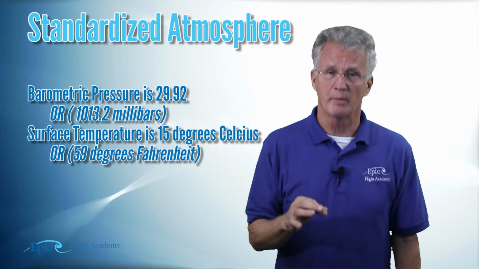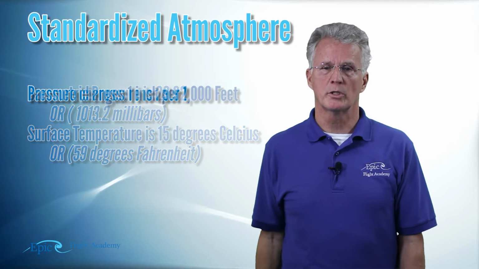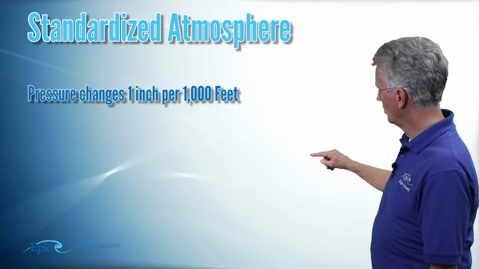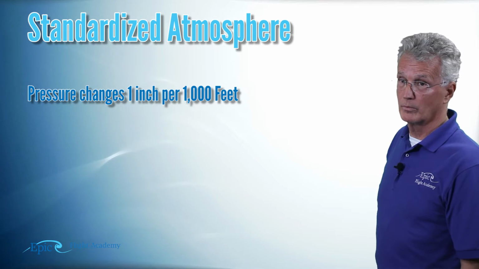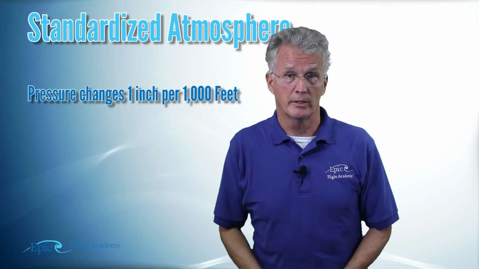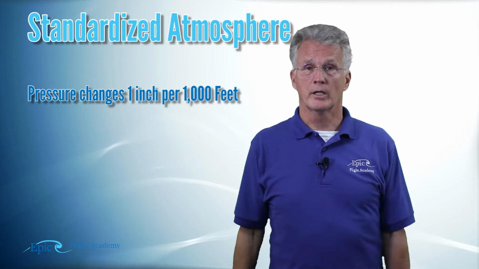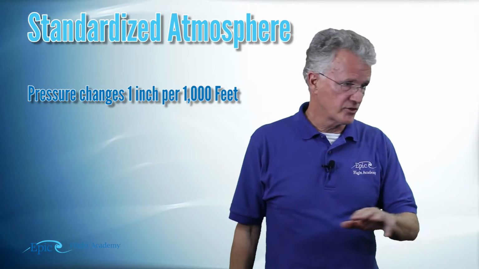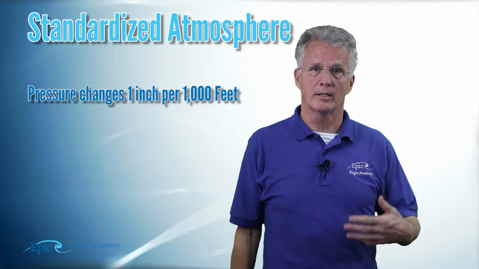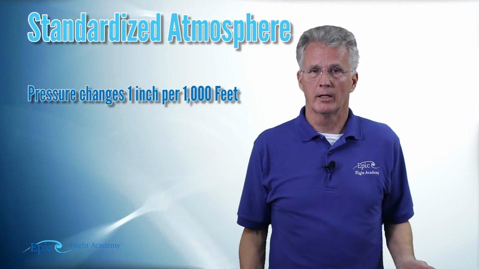In a standard atmosphere, we say that pressure changes 1 inch for every 1,000 feet. The temperature change as we go up gets colder and colder and colder. Again, that's going to vary dramatically depending upon the local climate and meteorology and weather.